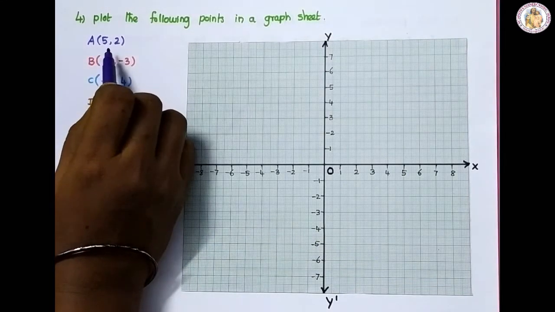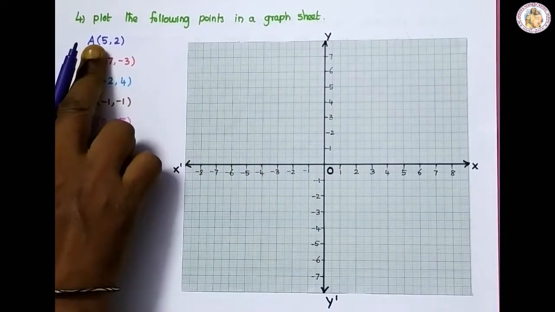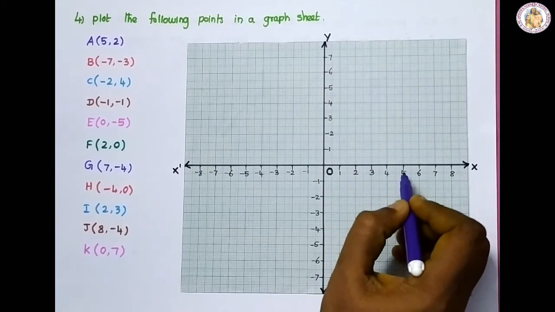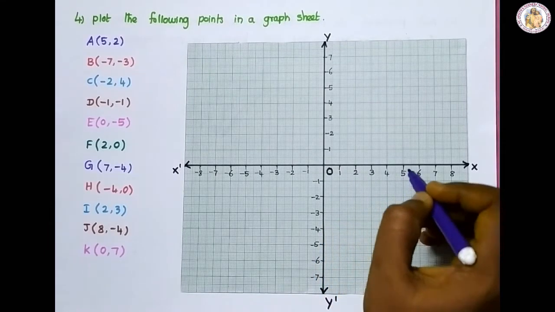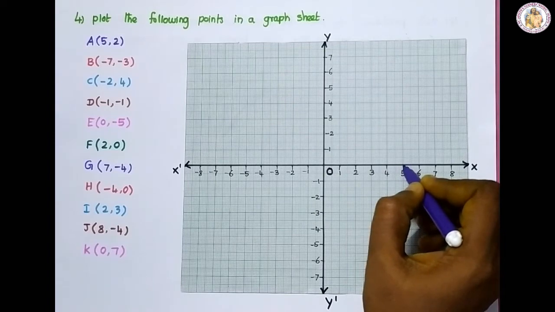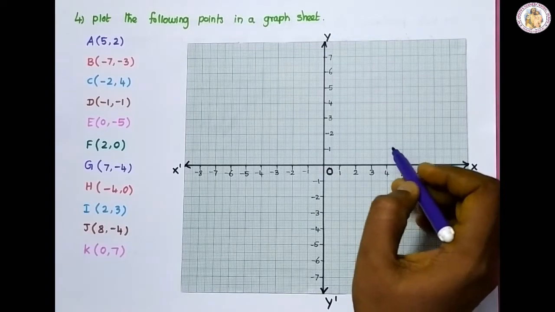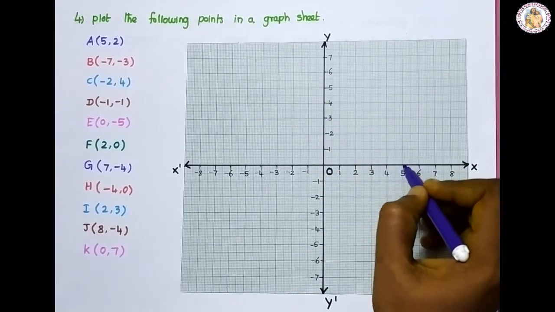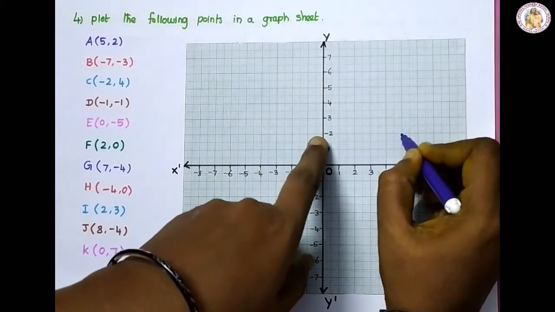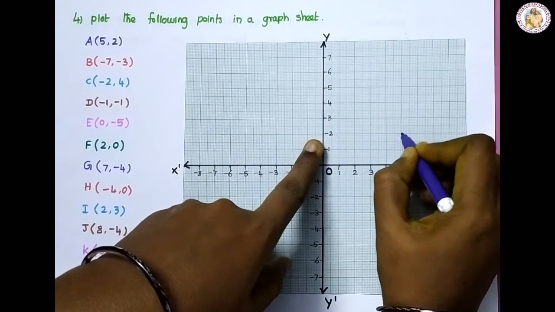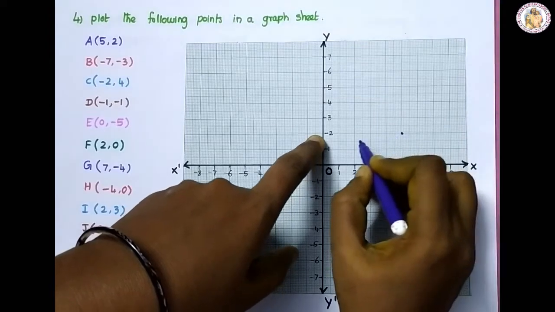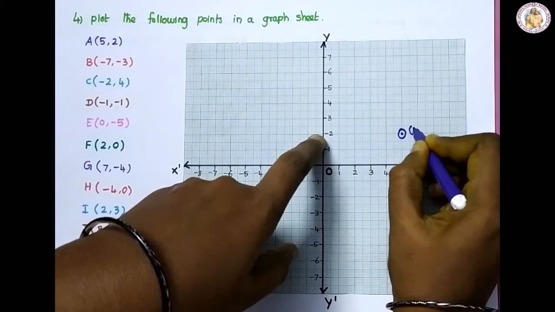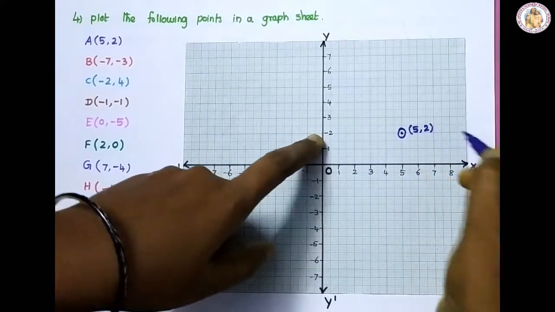First A, 5 comma 2. Both are positive sign. So x-axis is 5 and y-axis is 2. Here x-axis 5, whereas y-axis here plus 2. So this point is 5 comma 2.